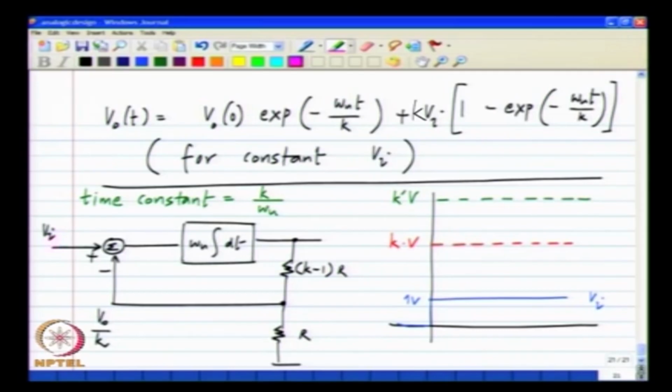So, all of the input step appears at the input of the integrator. As we discussed a few minutes before, the output starts ramping up at a rate which is omega u times the size of the input step, and the input step is 1 volt. So, the slope is simply omega u volts per second. That is always the starting slope.